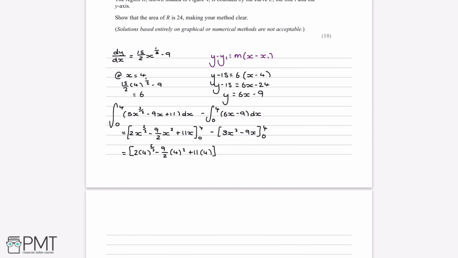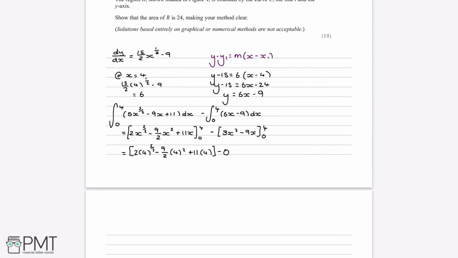And then this is take away 0 being substituted in for all of these x values. But what we can see is, since these are all numbers multiplied by x, if x is 0, these are all numbers multiplied by 0, which gives us 0. So we can write minus 0, but we don't need to write out the whole thing.